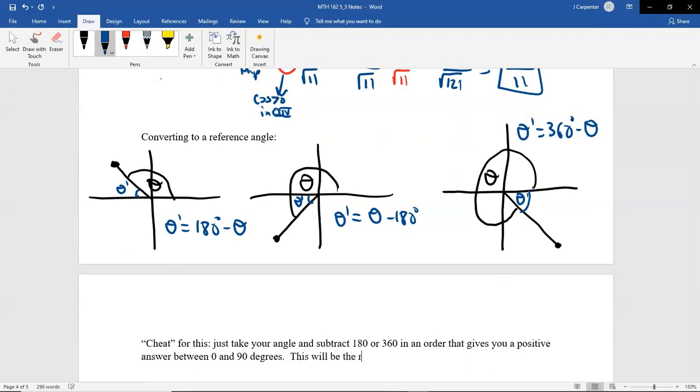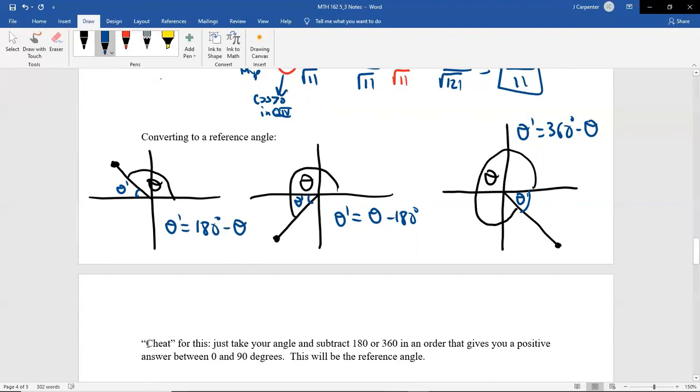This will be the reference angle. How do you know whether to use 360 or 180? Whichever it's closer to. How do you know whether you should do 180 minus the angle or the angle minus 180? If you do it in one order and you get a negative, that means you did it the opposite way, just do it the other way. Or you can even just say, all right, well, if it's negative one way, it's positive the other, and just delete the negative. Reference angles should be positive.